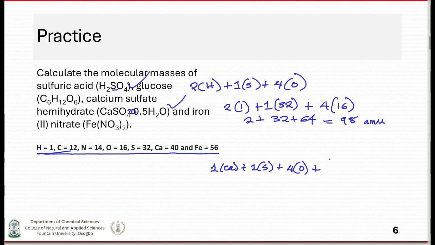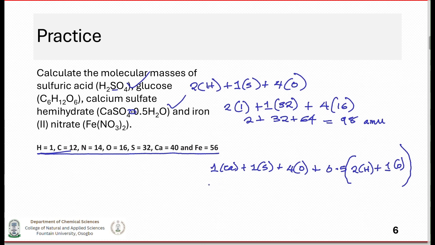So that is water times 0.5. I will write 0.5 here, then I'll open a big bracket. For water, we have 2 hydrogen atoms, so it's going to be 2H, plus we have only 1 oxygen atom, 1 O. So I close the big bracket.